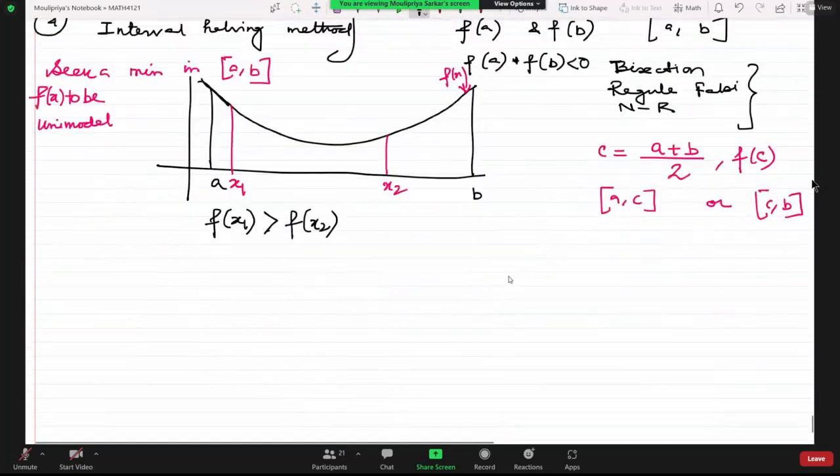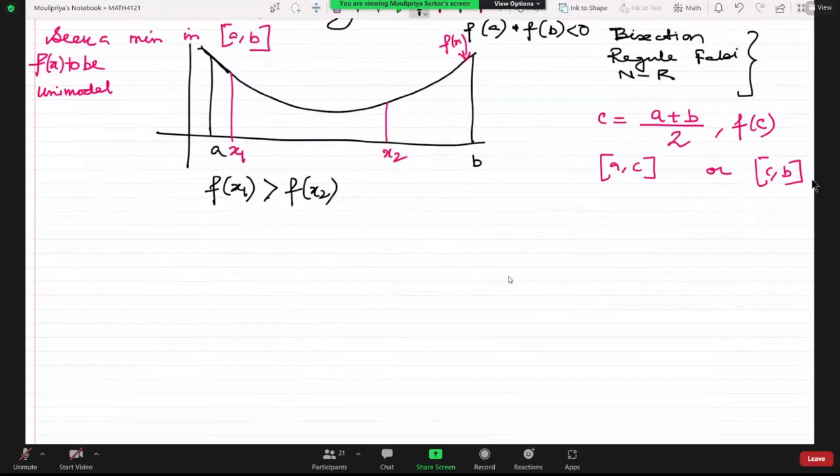Can we say this? What I'm trying to say is, if f of x1 is more than f of x2, then the minimum cannot lie to the left of x1. Am I okay with this?